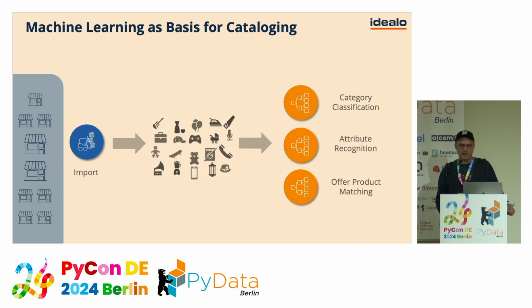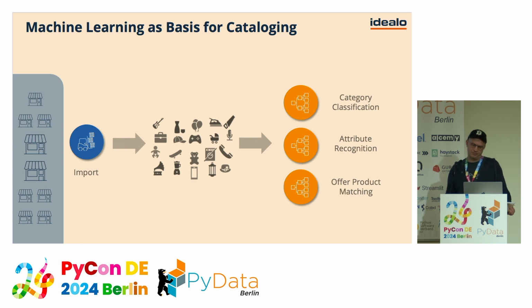Cataloging can be divided into several subtasks. There's category classification, and there's attribute recognition. So, for instance, extract the color or the size of a t-shirt, or some technical attributes of a washing machine or photo camera.